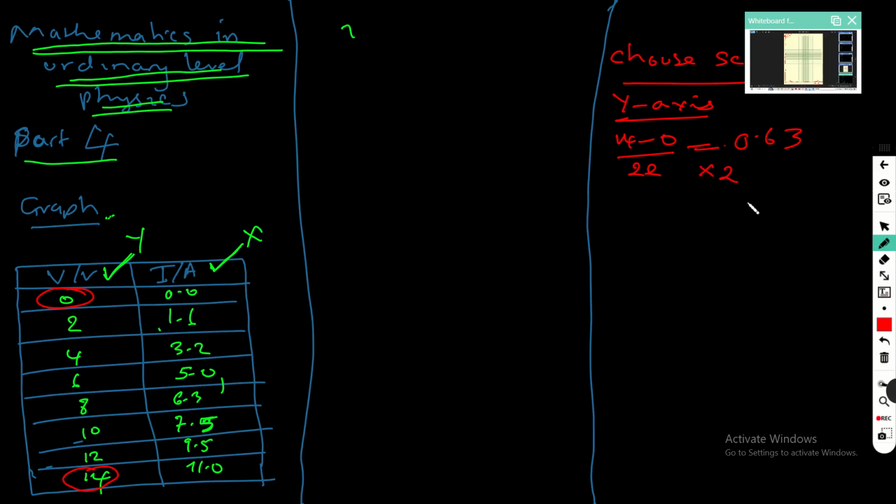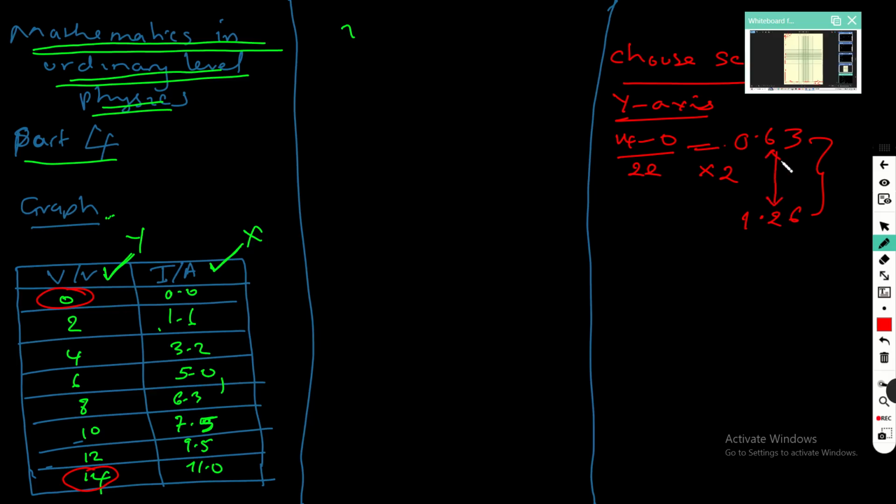If you multiply the number by 2, we have another value, 1.26, for example. This is what you're going to have. It means the value you choose as a unit for your scale for the y-axis has to fall between these two values.